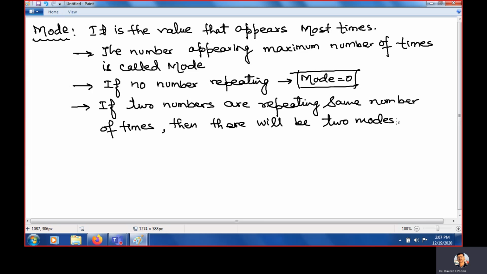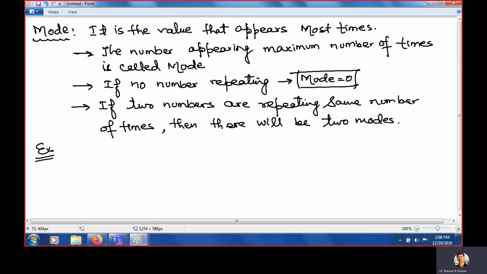This you need to remember. If one number is repeating more times, that is the mode. If two numbers are repeating by chance the same number of times, then there will be two modes.